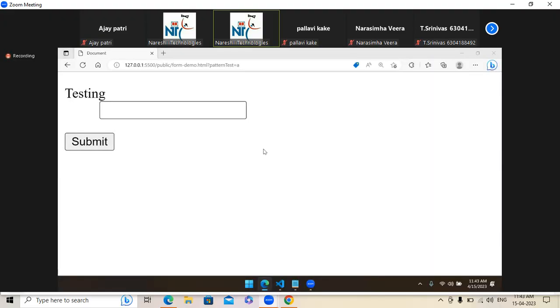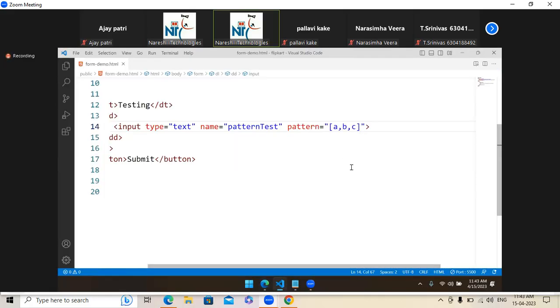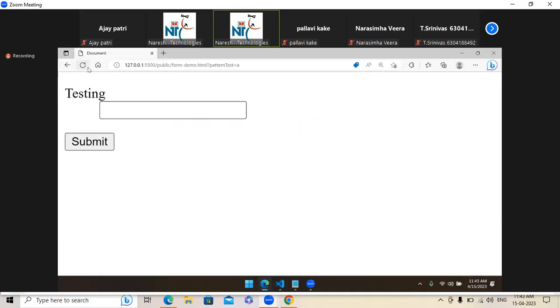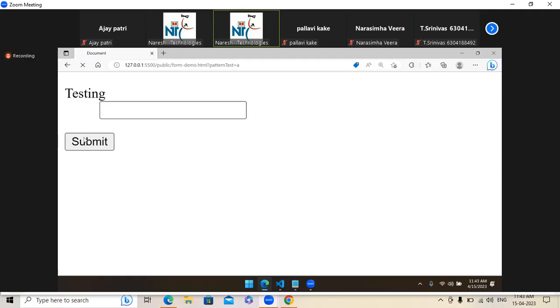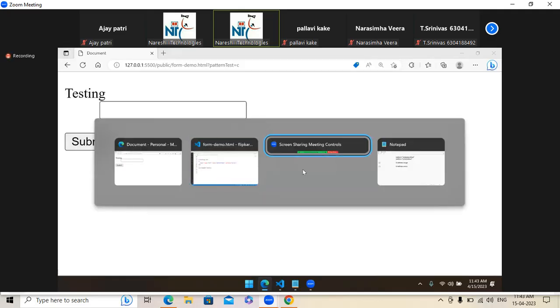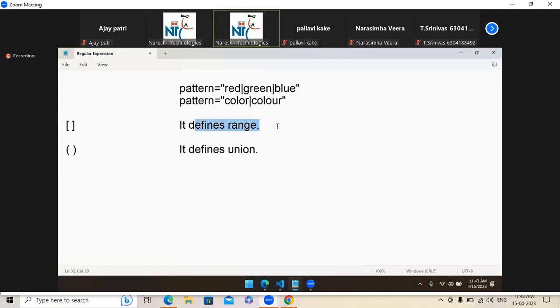Only these three are allowed. That is the square brace. Suppose I write A hyphen D. Now I enter E and submit. It's not allowed. I enter D, it is allowed. I enter C, it is allowed. That is a range. You can define a range like this.